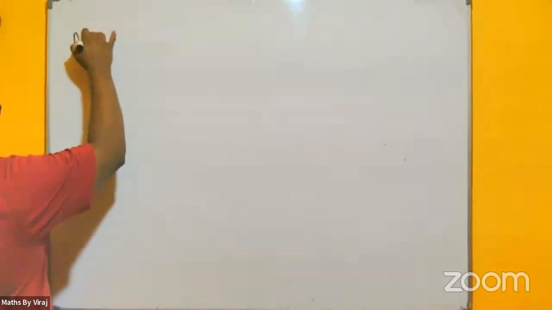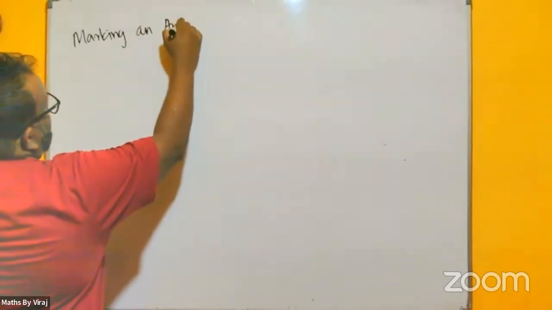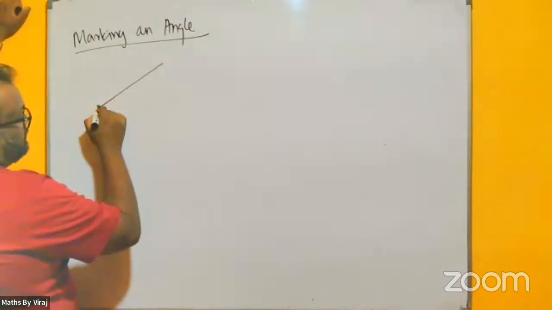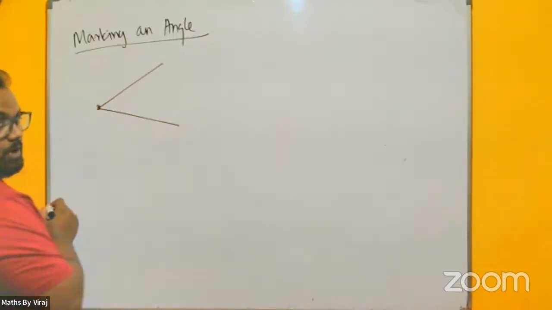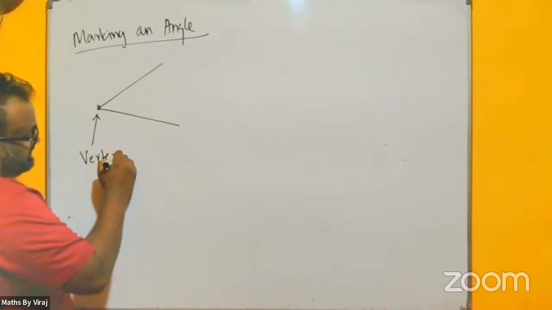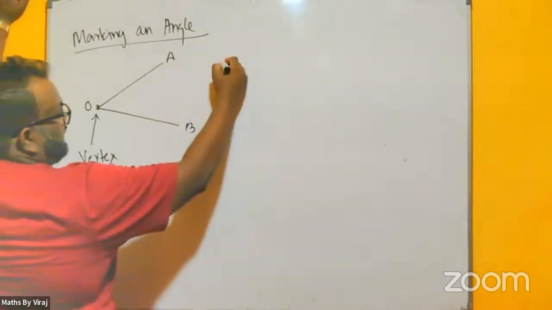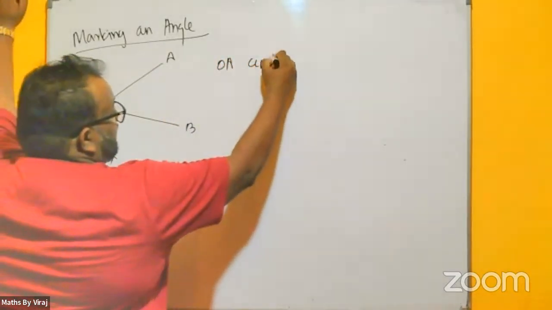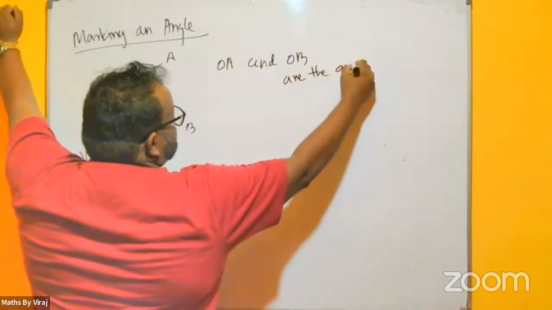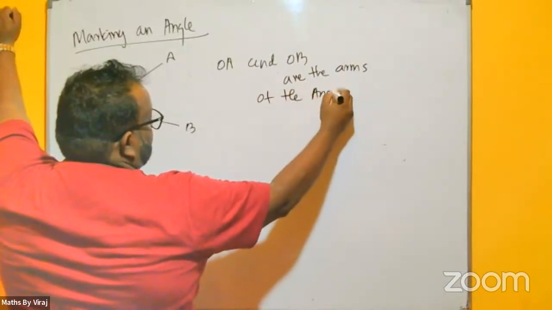Marking an angle. How do you mark an angle? This particular point is known as the vertex. OAB. We say that OA and OB are the arms of the angle.